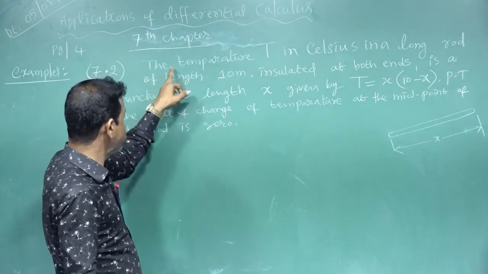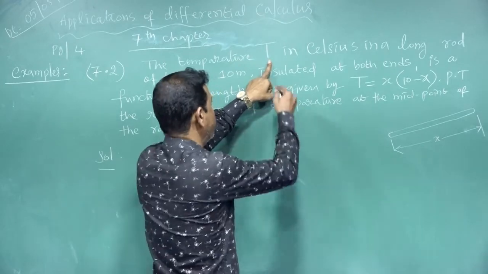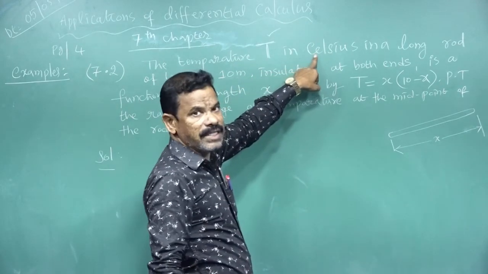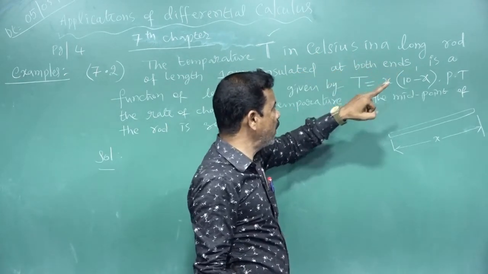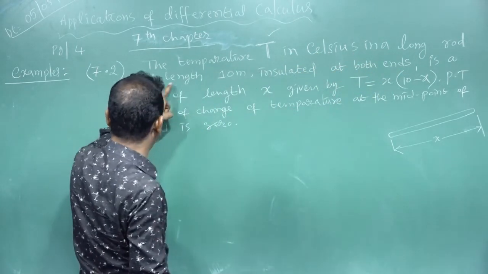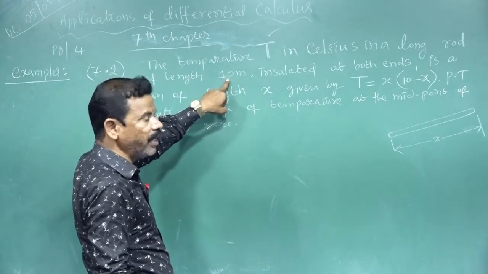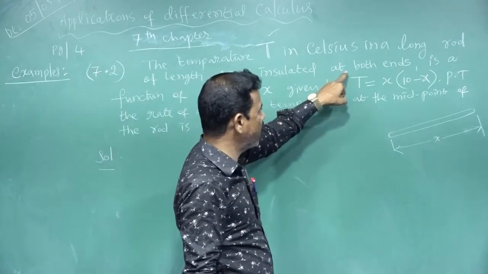The question: the temperature T, in Celsius, in a long rod of length 10 meters. So here the length of the rod is given as 10 meters, insulated at both ends.